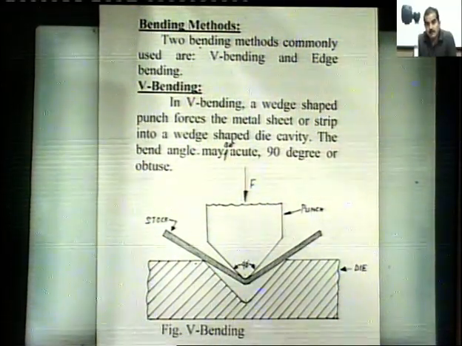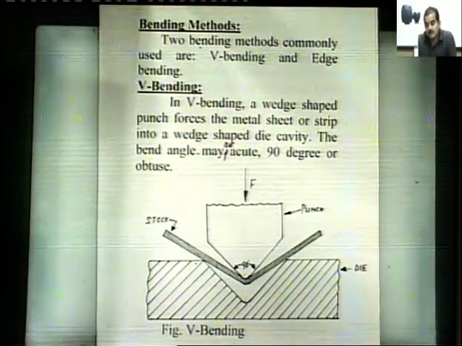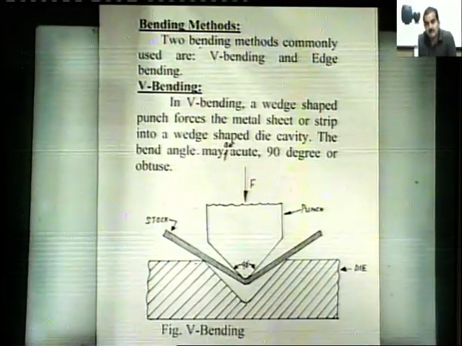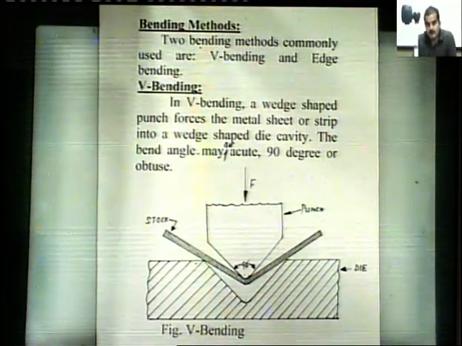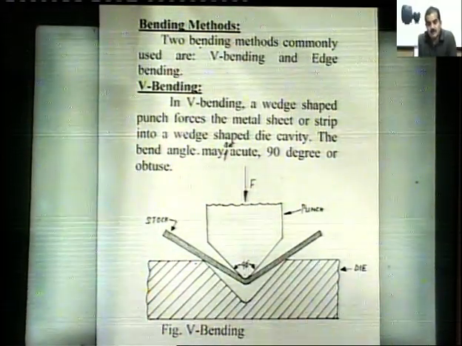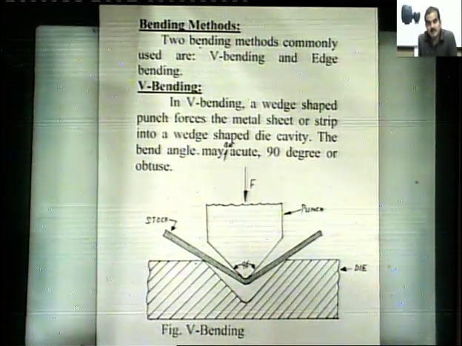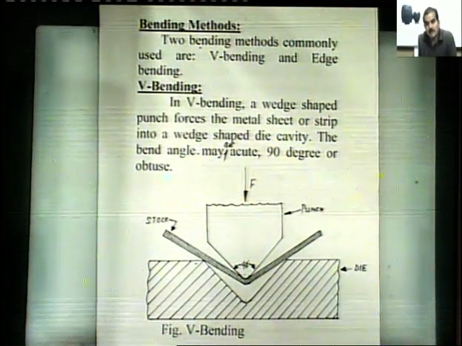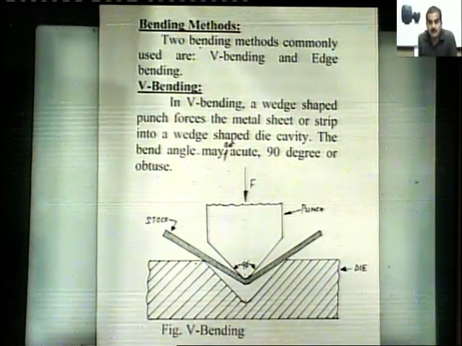The bend angle may be acute, 90° or obtuse. It is a very simple process in which a wedge shaped punch forces the strip or sheet into a wedge shaped die, and the angle formed may be acute, 90° or obtuse. Acute is an angle less than 90°, and obtuse is an angle more than 90°. So, we can have any type of angle.